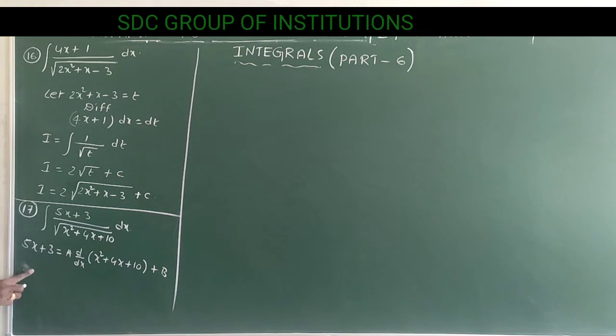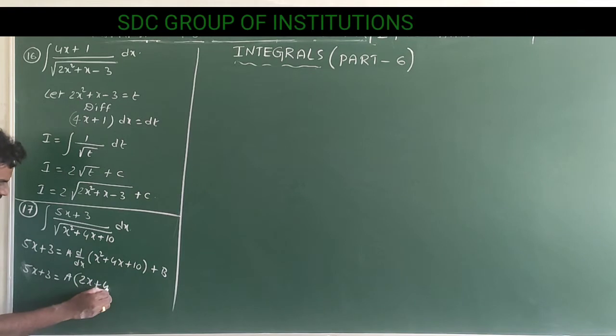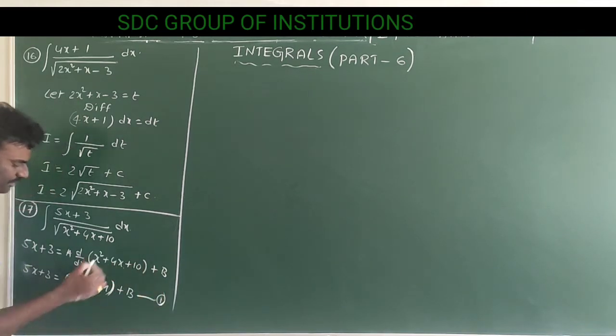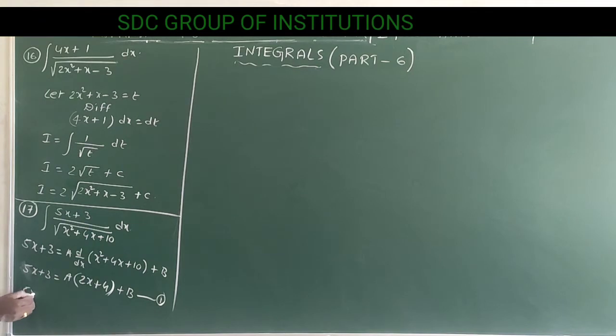Then 5x plus 3 is equal to a into (x square derivative 2x plus 4x derivative 4) plus b. Okay. Then 5x plus 3 is equal to 2ax plus 4a plus b.